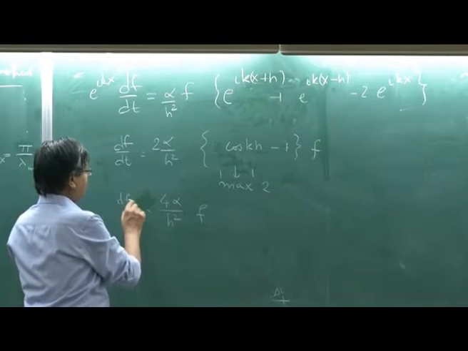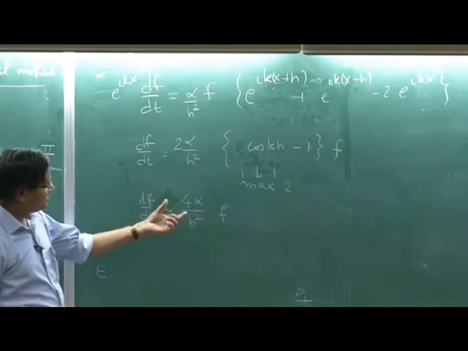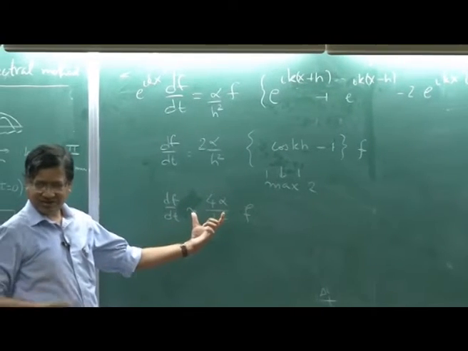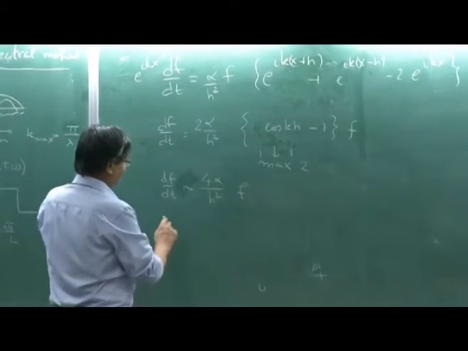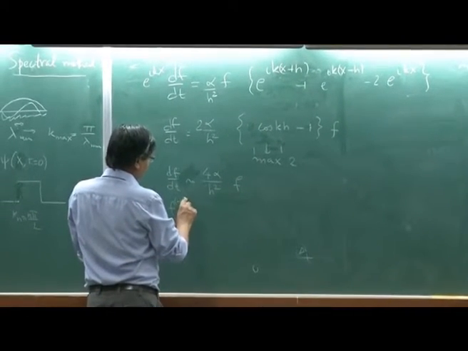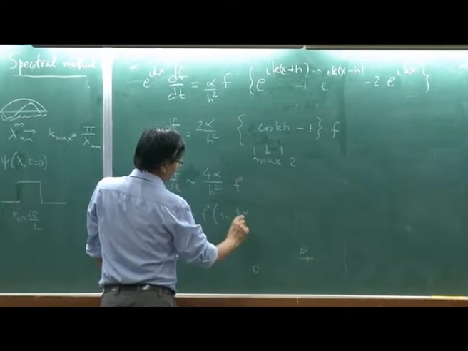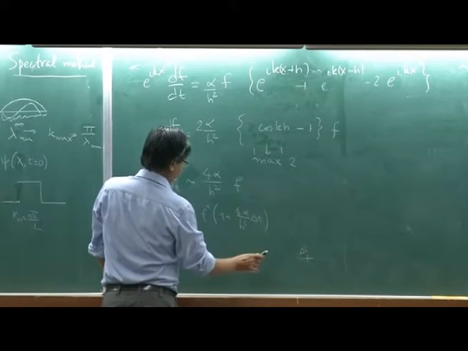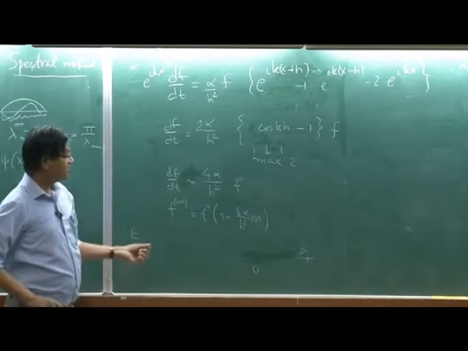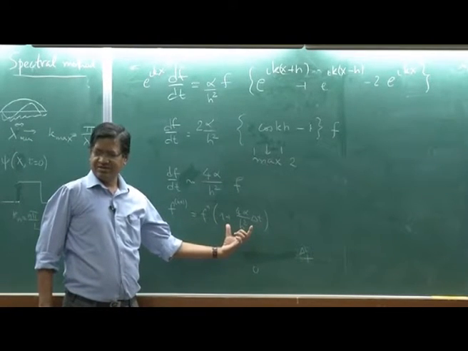So d by dt of this one. This will tell you that Euler explicit, Euler is always first order, but Euler explicit will be fn plus 1 equal to fn times 1 minus 4 alpha. Okay, so when is it stable?